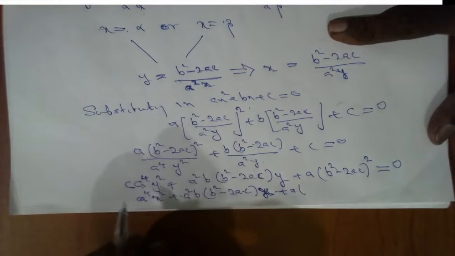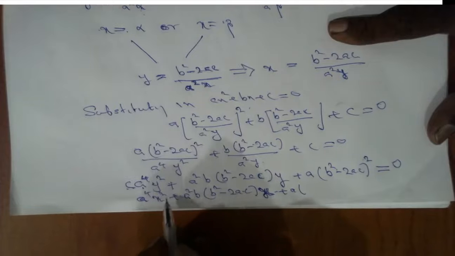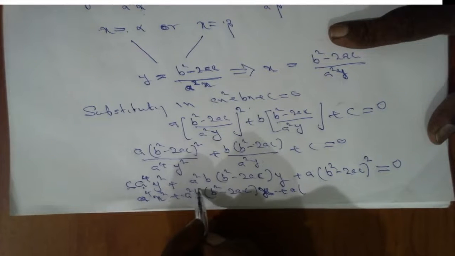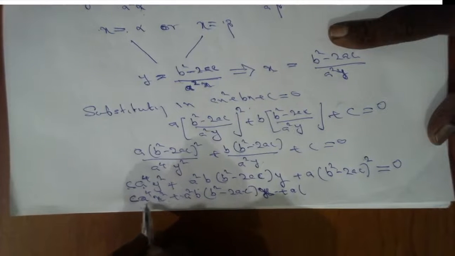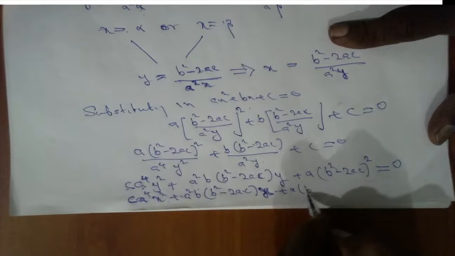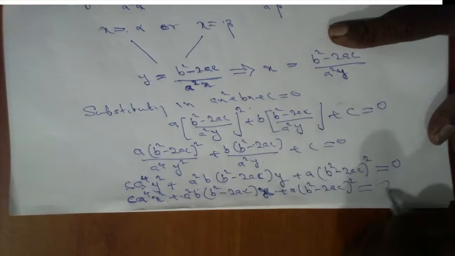You are correct, c a to the power of 4 y squared, like this, no? Plus b, right? c a to the power of 4 x squared plus b plus a times b squared minus 2ac whole thing squared equals 0. Is it?